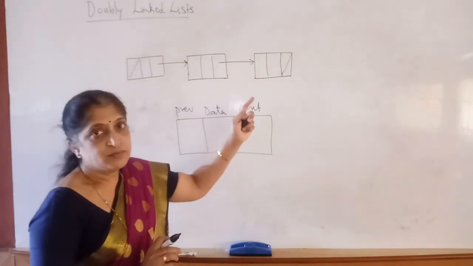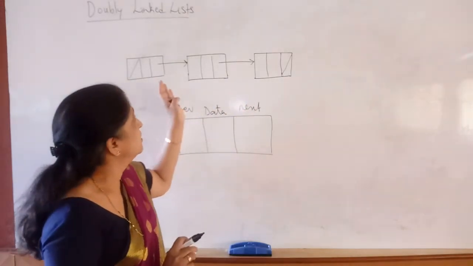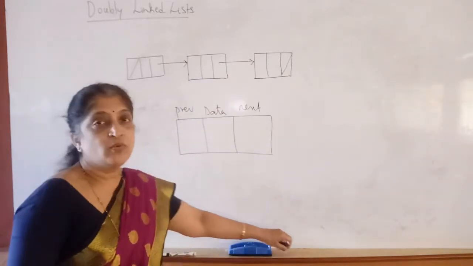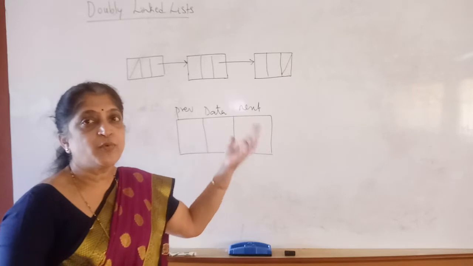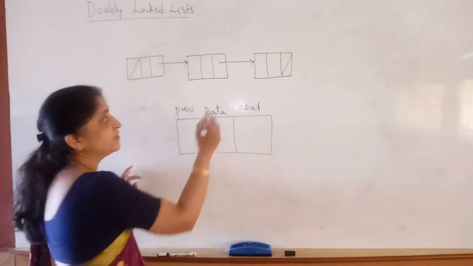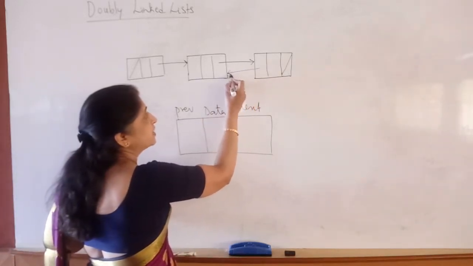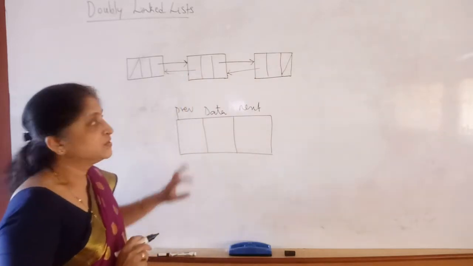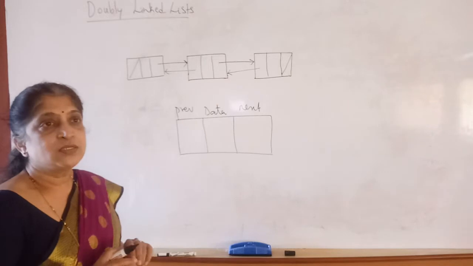Then here we have only drawn the diagram for the next link fields. Then how will the previous link fields be? They will be pointing to the previous nodes. So this is how I am writing the links. This is how the doubly linked list looks like.